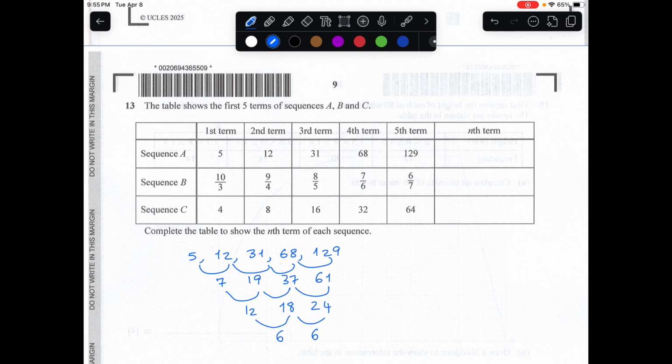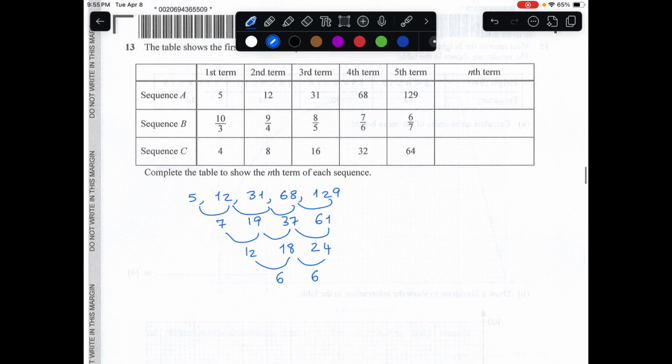So if it is a cubic sequence, you need to memorize the formulas for cubic sequences. What are the formulas for cubic sequences? The third differences. This is the third difference. This is the second difference.